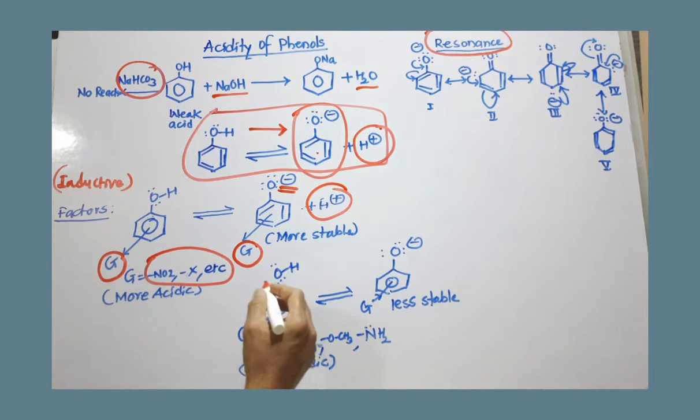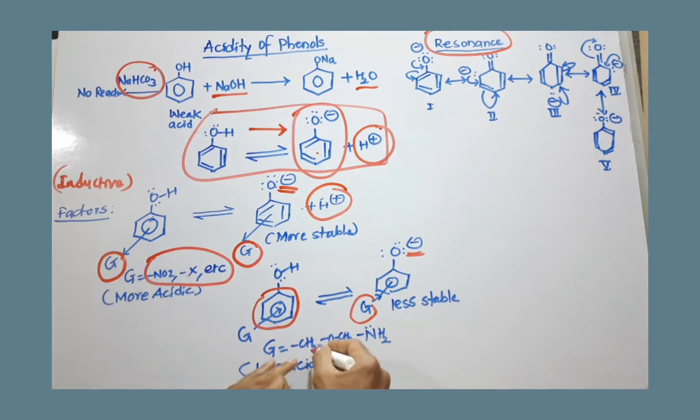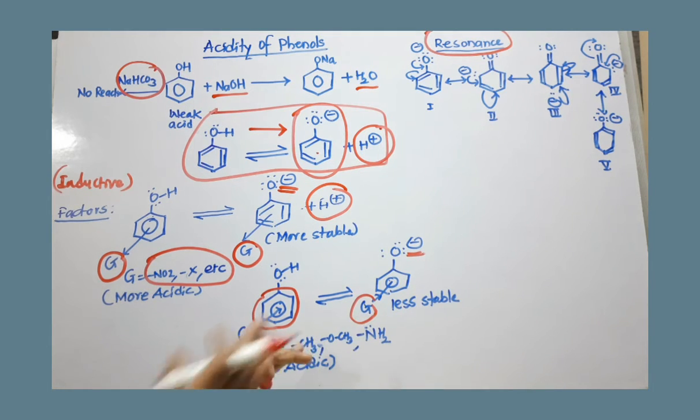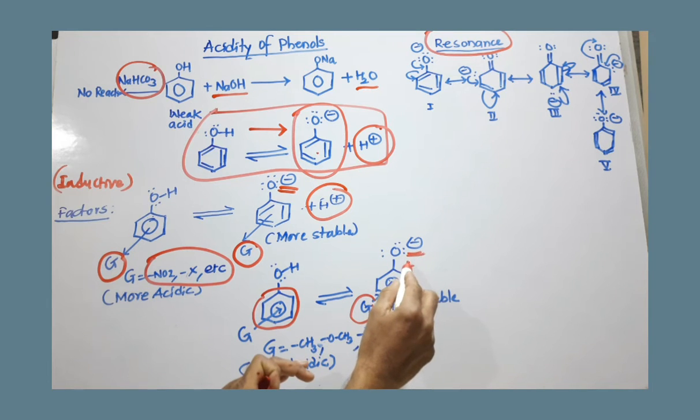Now, exactly the reverse of this. If an electron releasing group is attached to the benzene ring, what will happen? This is unstable because of the negative charge, and this group, you can see here, a methyl group, any alkyl group in fact, a methoxide group, an amino group, these are groups which donate electron density to the benzene ring. That means this negative charge is not decreasing, it is increasing because of the plus I effect.